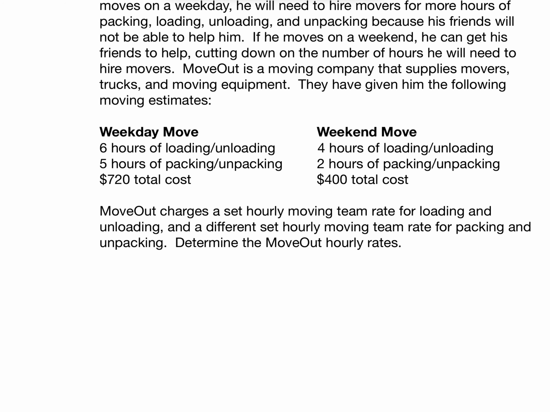Okay, so how do we do this? All right, so if you go back to Algebra 2, where we were looking at systems of equations, meaning we're going to need to create two equations with two variables. Okay, so let's say that 6 hours of loading and unloading, we're going to call that 6L. This is for the weekday move. I'm going to call this weekday.